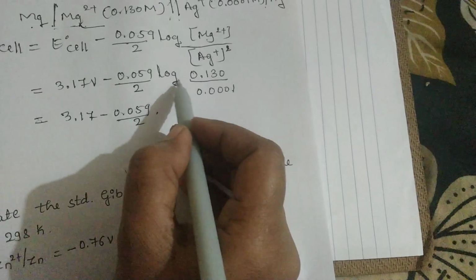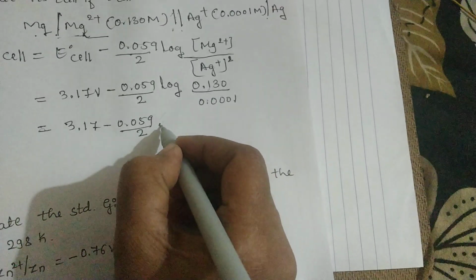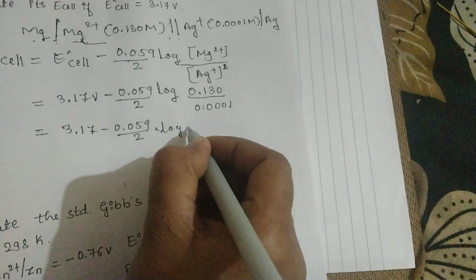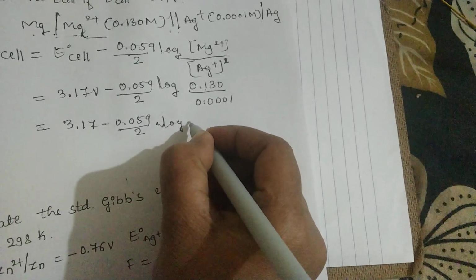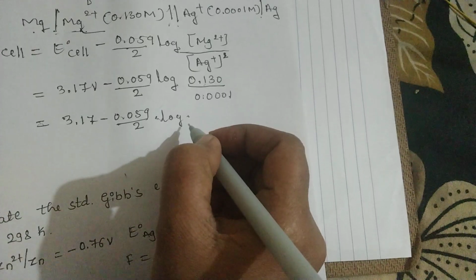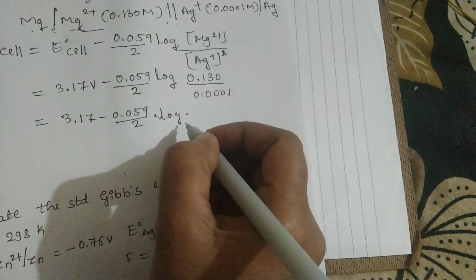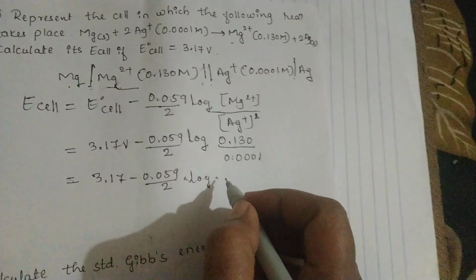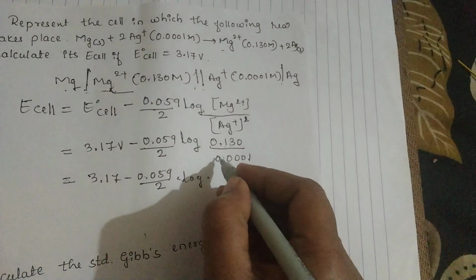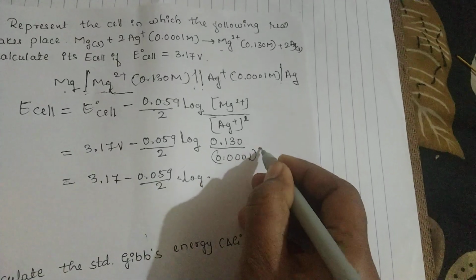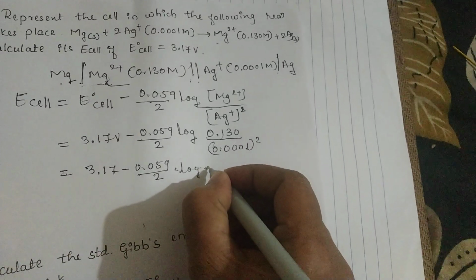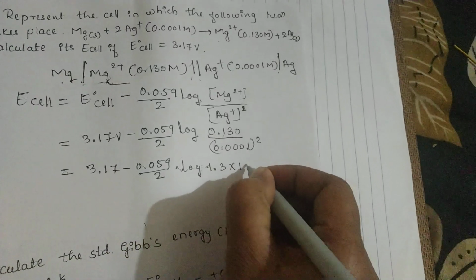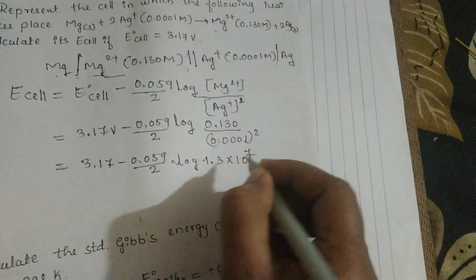Here we know that log of A by B we can write as log A plus log B. First we have to simplify this one. You will get log of 1.3 into 10 raised to 7.